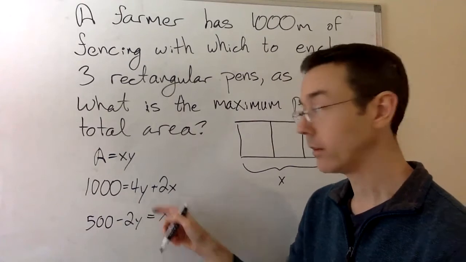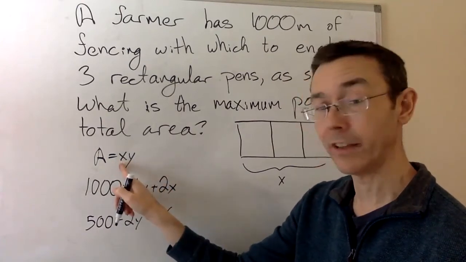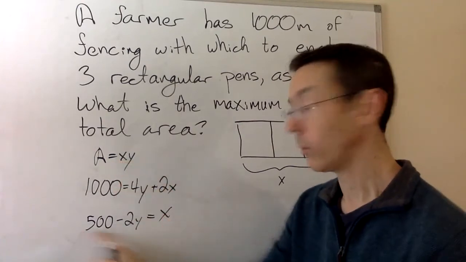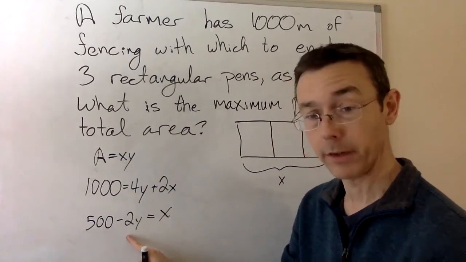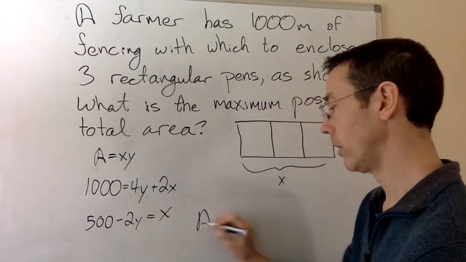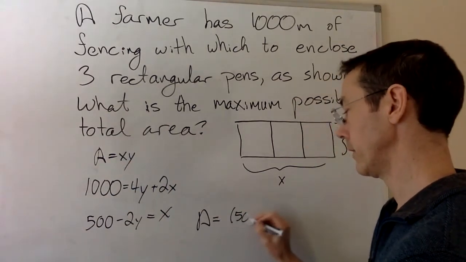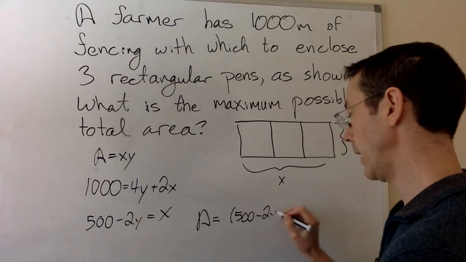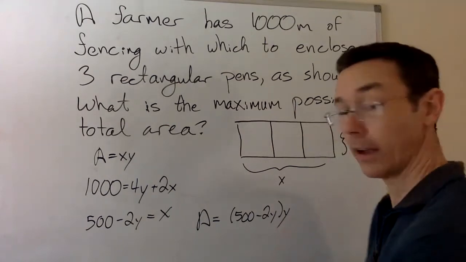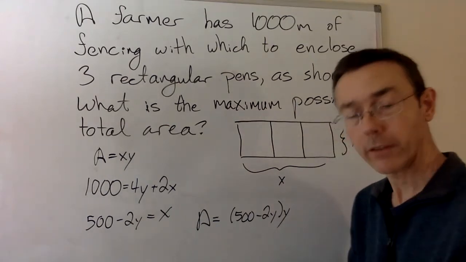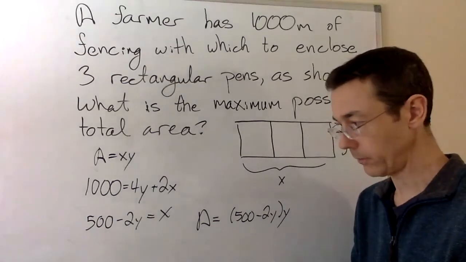Now I'm going to take this equation here. Wherever I see x, I'm going to replace it with what x is equal to, 500 minus 2y. Overall, I get that the area is equal to 500 minus 2y times y. So that's the function I'm truly trying to optimize.